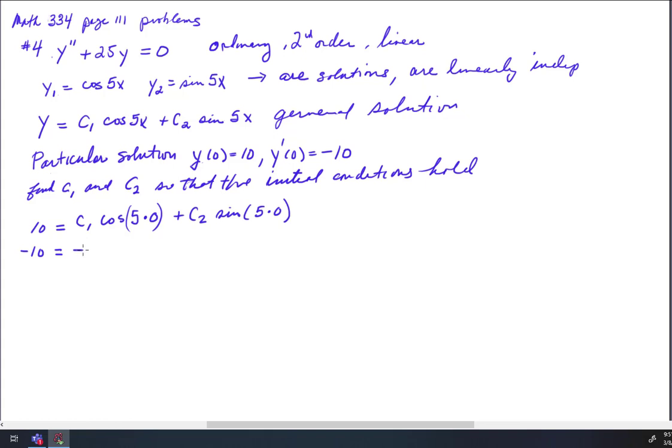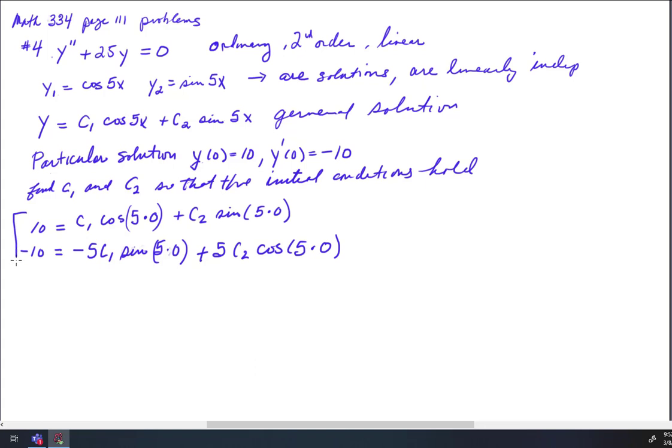This is going to be negative 5 C1 sine 5x, only we'd be evaluating at x equals 0, so 5 times 0, and then let's see, here's our y, so I'd be taking the derivative of sine and using the chain rule, so the derivative of sine would be positive cosine, so this would be 5 C2 cosine 5x, but then we'd want to evaluate it at x equals 0 using the second of the two initial conditions.